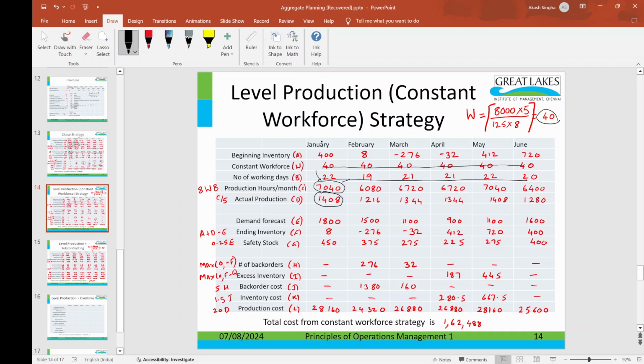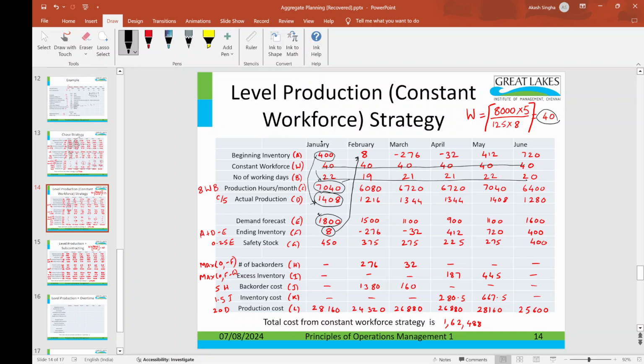Now 1408 is produced and 400 was the beginning inventory. So total 1808 is there, and the demand forecasted for the first month was 1800. So how much is left? 8. This ending inventory will be the beginning inventory of February.